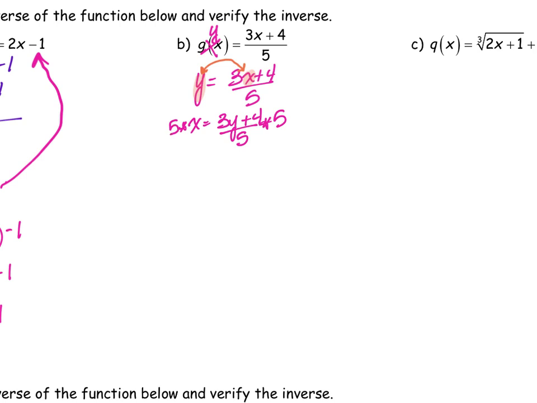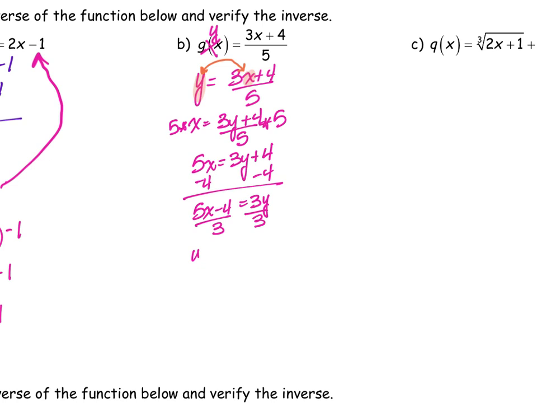Okay, so then I get 5x equals 3y plus 4. So I'm going to subtract 4. And I get 5x minus 4 equals 3y. And then we divide by 3.